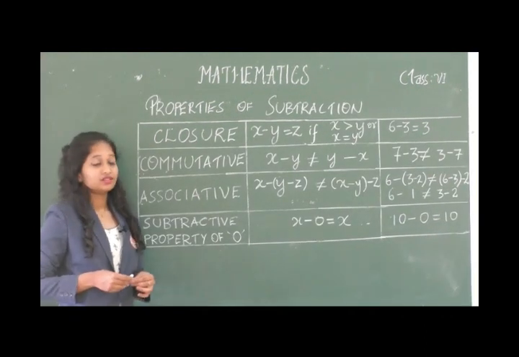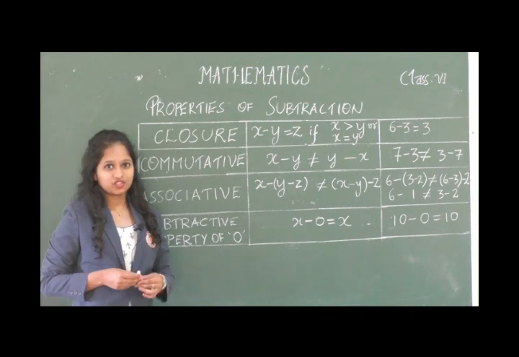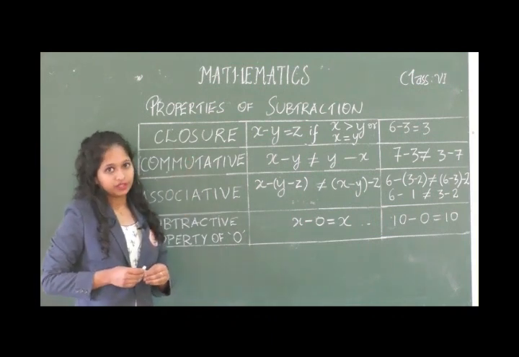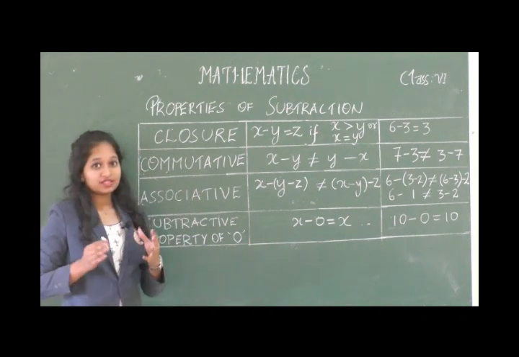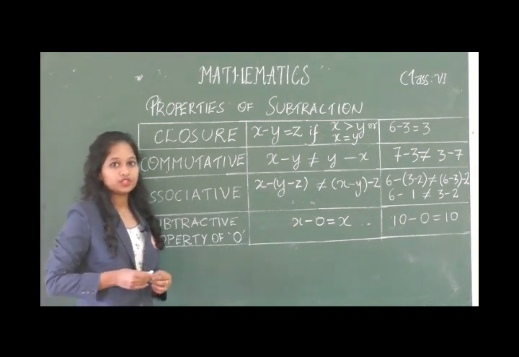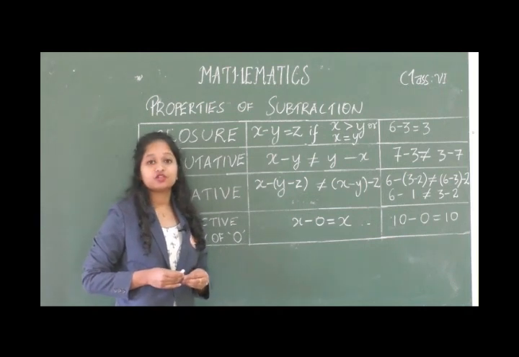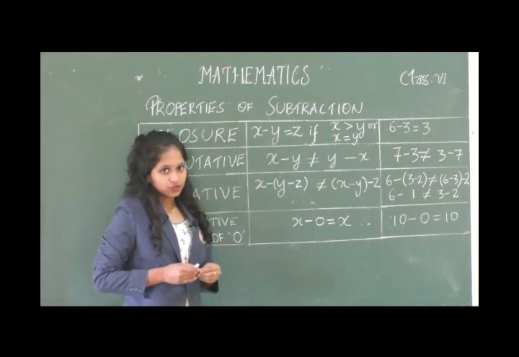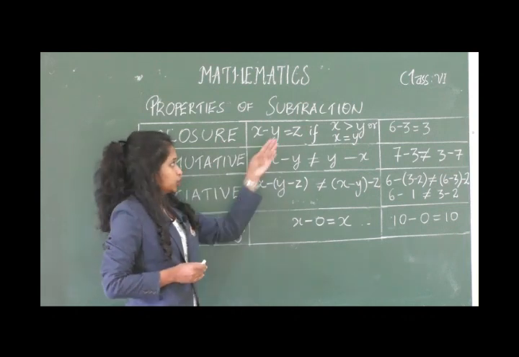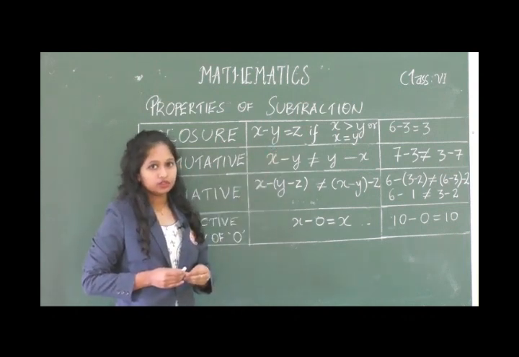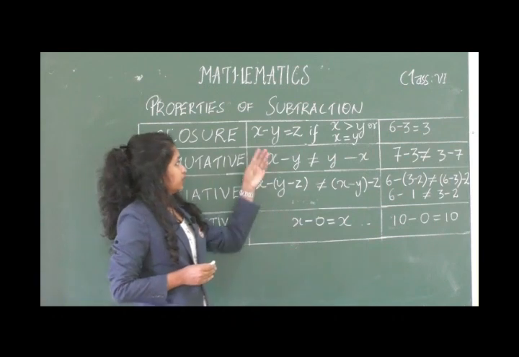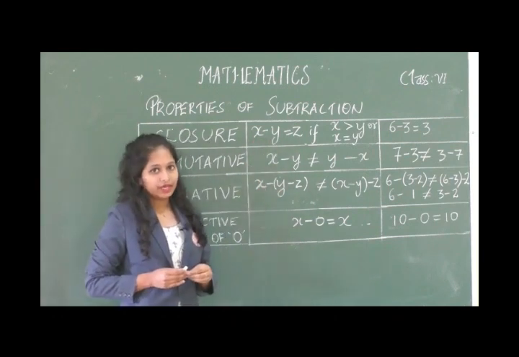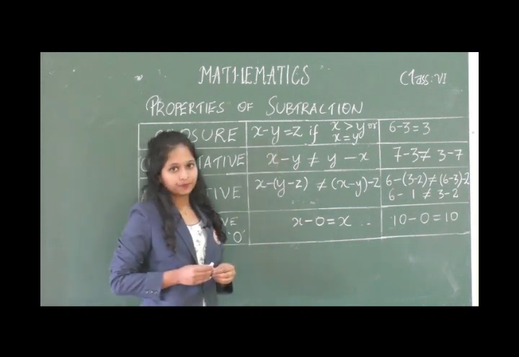Let's see the properties of subtraction now. The same closure property. So there is a condition for closure property to be true in case of subtraction. That is, if you subtract two whole numbers, you will get a whole number only if x is greater than y or x equal to y.